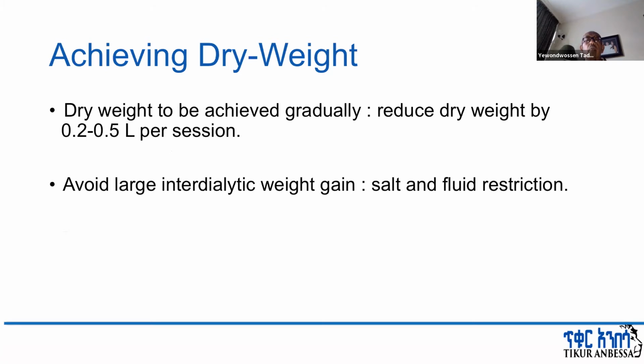And we need to achieve dry weight gradually in a patient who is initiated on dialysis. We need to reduce weight gradually in the first few dialysis sessions by about 0.5 liters per session, and subsequently by about 0.2 until we achieve the dry weight as defined in the earlier slide. So we must take several sessions, weeks of dialysis, in order to achieve dry weight.